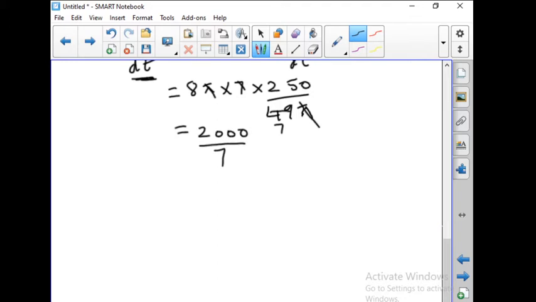For these word problems, the final answer is very important, so you have to put it in words.